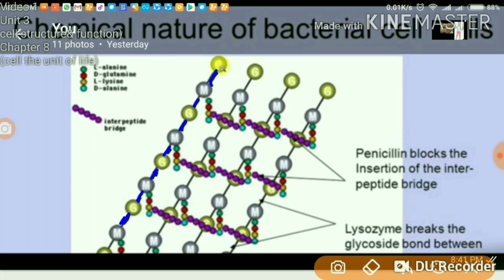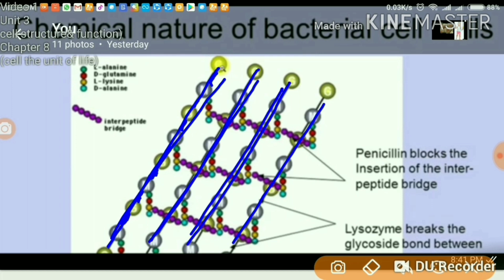In this way, different layers are arranged, not just one layer. A number of layers are arranged one after the other, or one above the other.